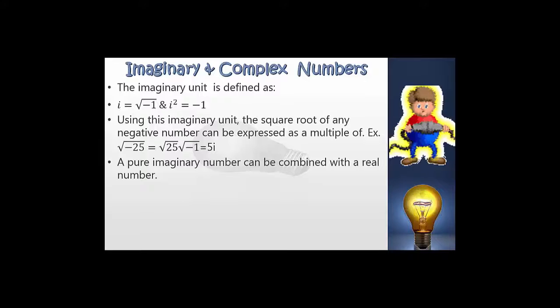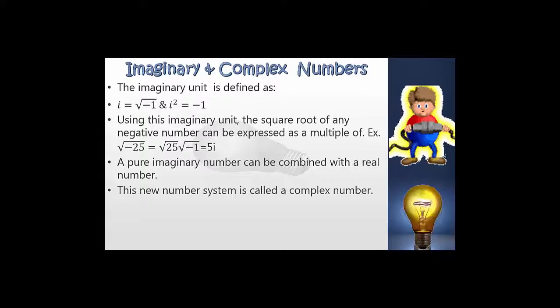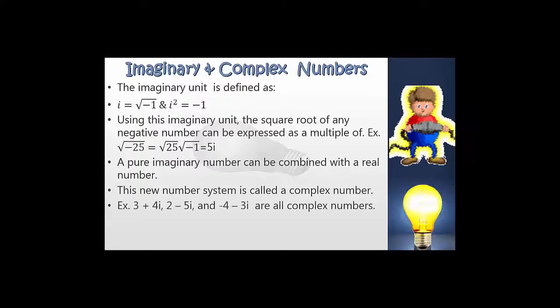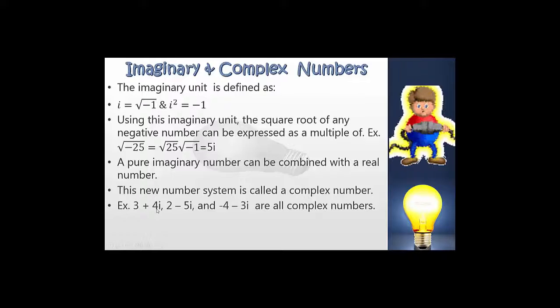So a purely imaginary number can also be combined with a real number to form what is called a complex number. And this is what happens. For example, if you see something that looks like 3 plus 4i, or 2 minus 5i, or negative 4 minus 3i, this is the real part where the 3 is, and this is called the imaginary part where the 4i is.